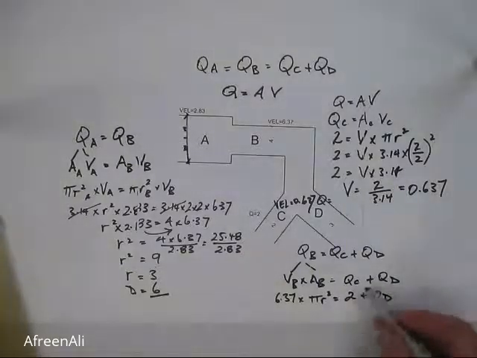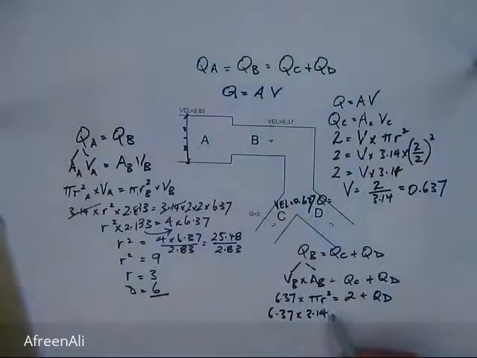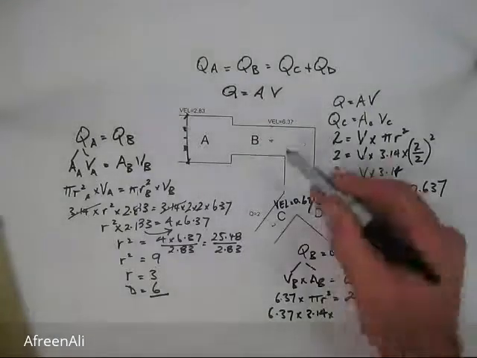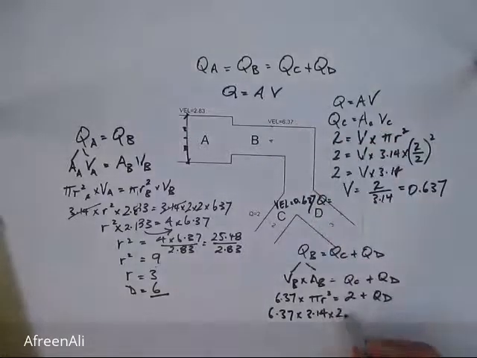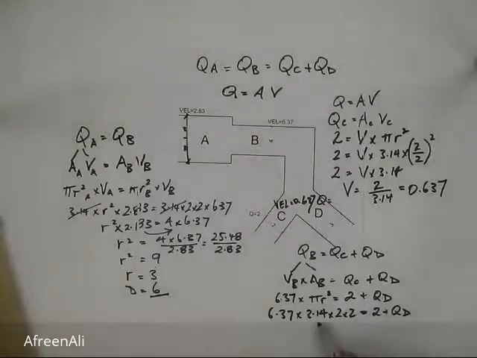So then we can substitute, where we've got pi, we can substitute 3.14 times the radius at B, which is 2, we looked at that earlier, 2 times 2, r squared, pi r squared, equals 2 plus the flow rate at D. So then we can transpose 2, it's positive here, so it becomes negative on the other side.